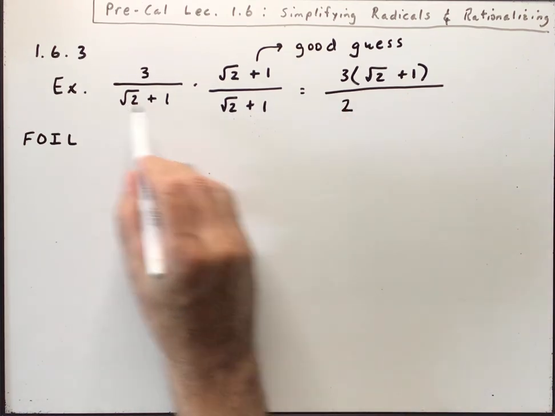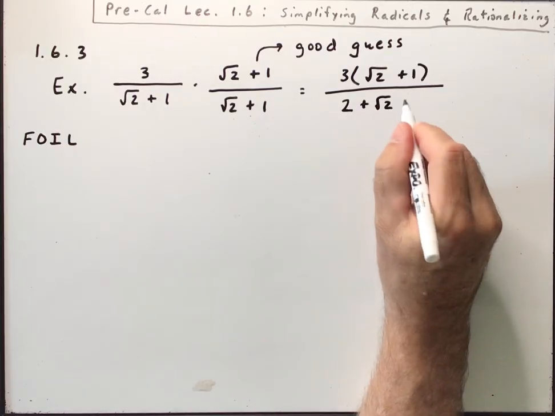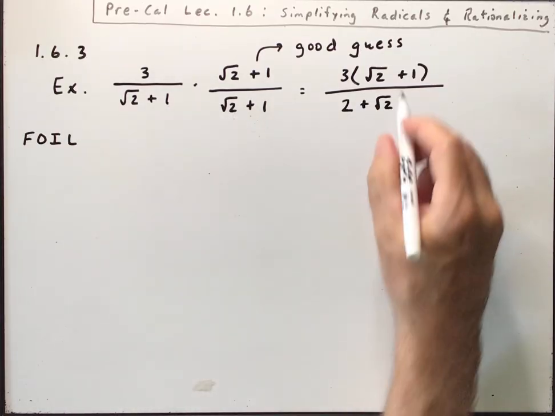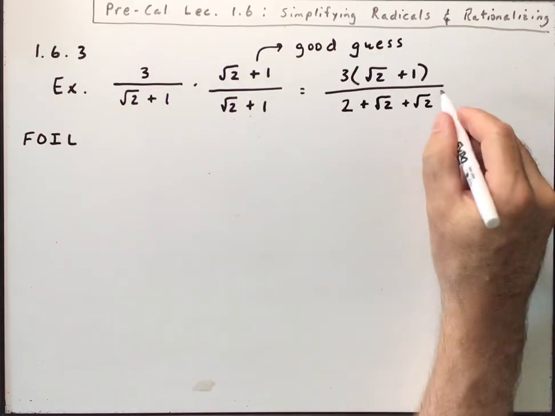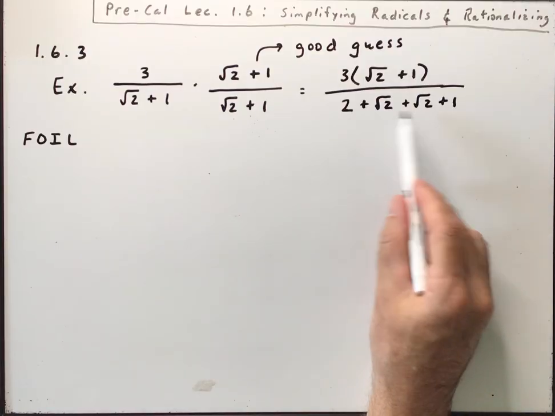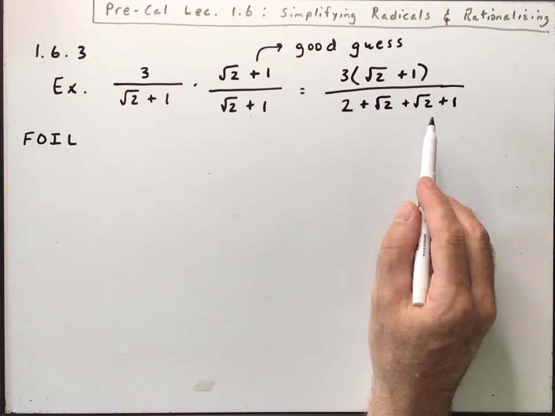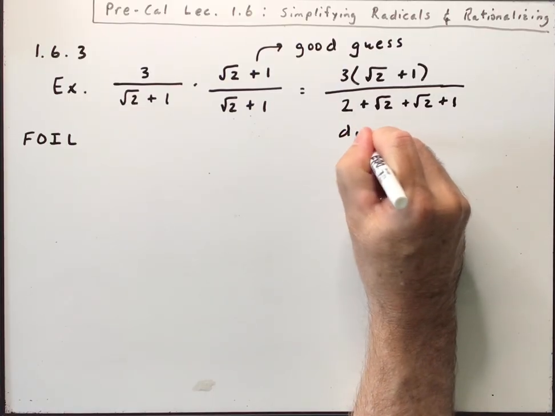The outside, root 2 times 1, so that would be plus root 2. Inside, 1 times root 2, so plus root 2. And then the last, plus 1. Did that get rid of the radical in the denominator? Nope, that didn't work.